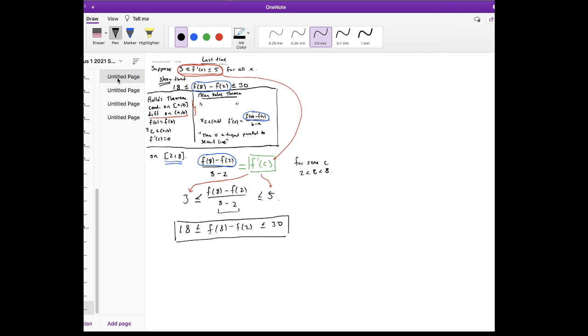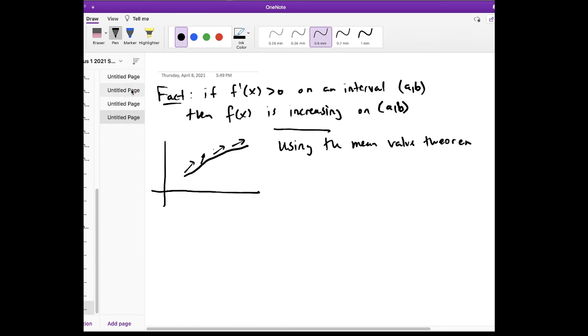In our example, we had the derivative in between 3 and 5. So the bound that we have here is that the derivative is always positive, right? It never dips below 0. So that's why the mean value theorem might make sense here.